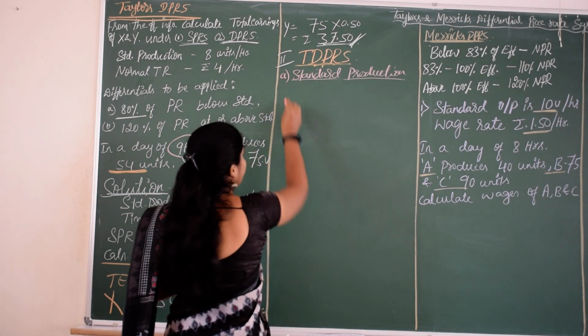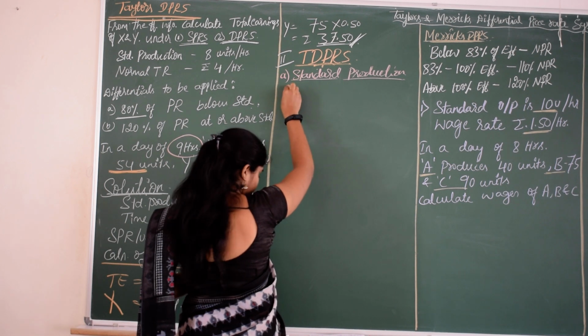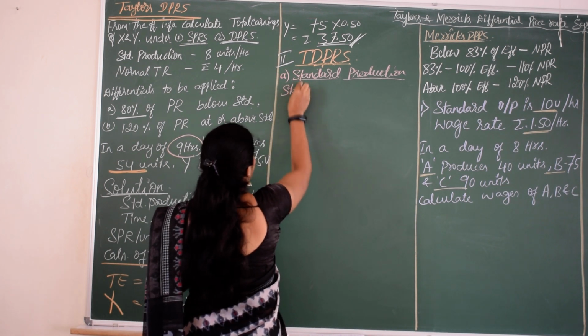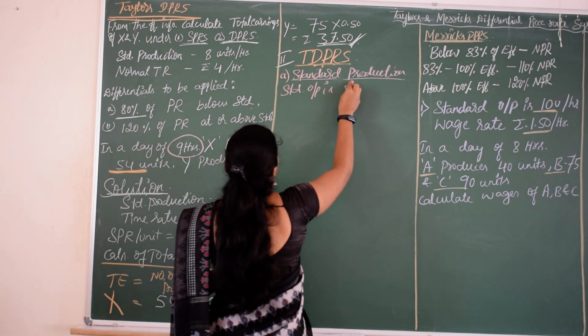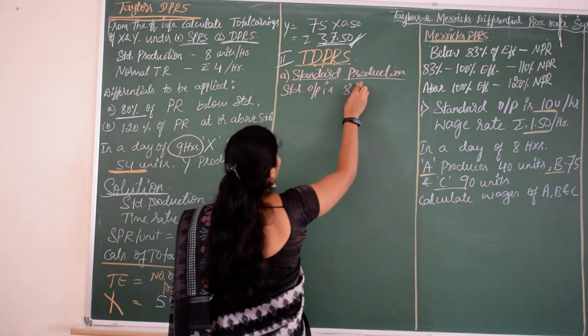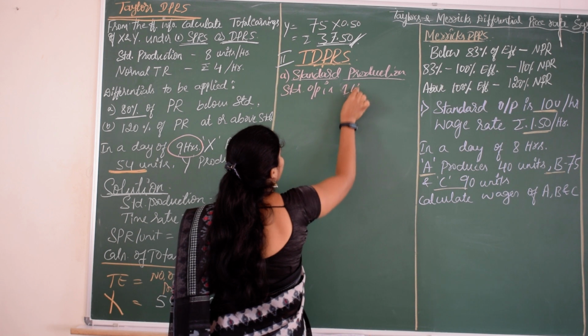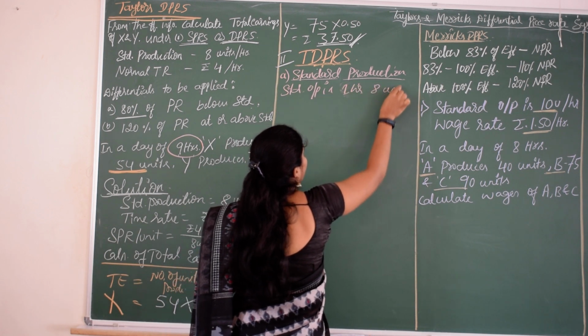So, standard output in 1 hour is 8 units.